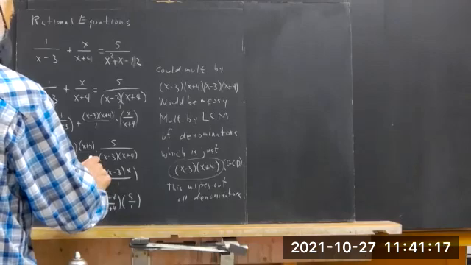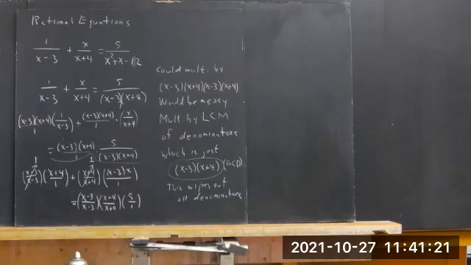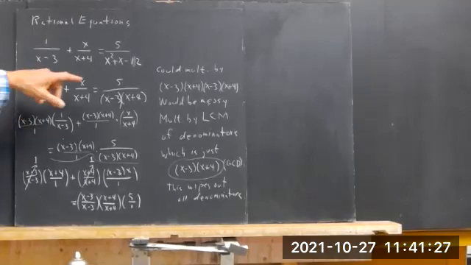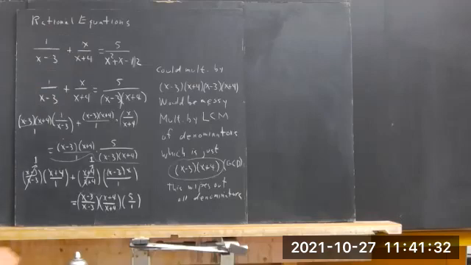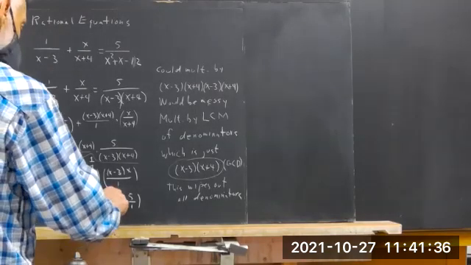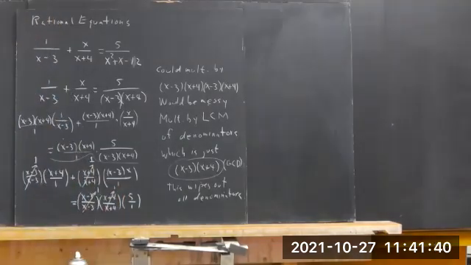It's much different than crossing it out. Crossing it out makes you think bad things, like maybe I can cross out this x with this x, and you can't. So I'll permit that much.